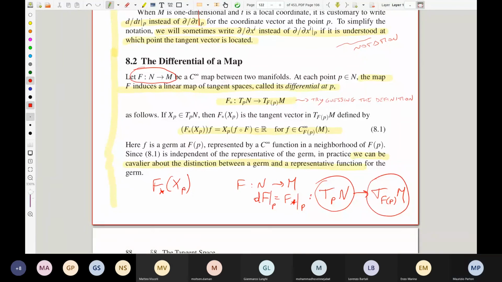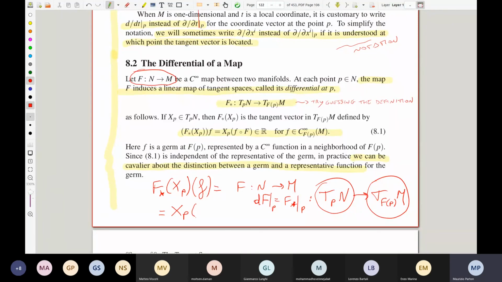That means you have to apply this to a function, because tangent vectors are derivations on functions. Just as we did in Rn, this is composed with the function. So you have a function on M composed with F, and you obtain a function on N.